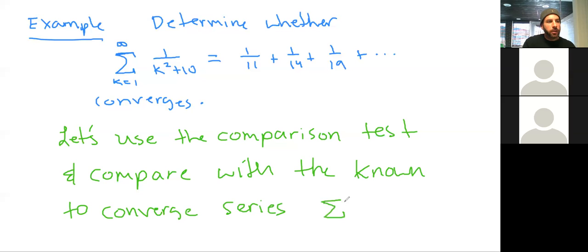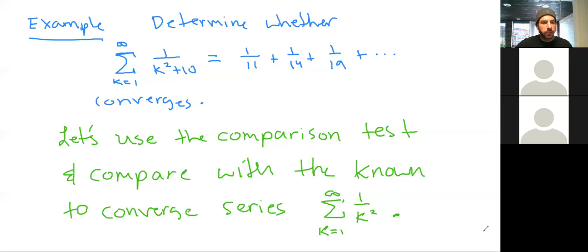Which series do I know converges? Well, I know 1 over k squared converges. This is a p-series. I know it converges. We just talked about that 10 minutes ago.